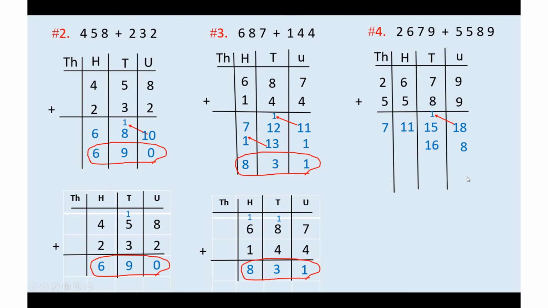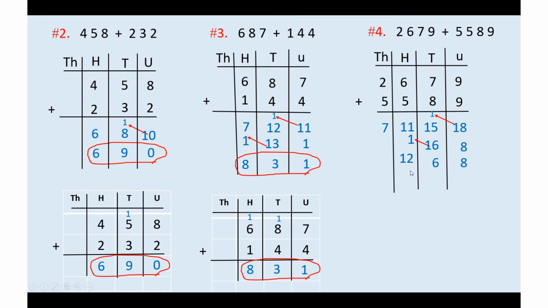So we are done with this 8 here. We maintain 6 here. We carry this 1, which is 100, to the hundreds column. And we add it to 11. 11 plus 1 is 12. This 12 is 1200. So we have to leave only the 200 here and carry the 1000 to the thousands column.